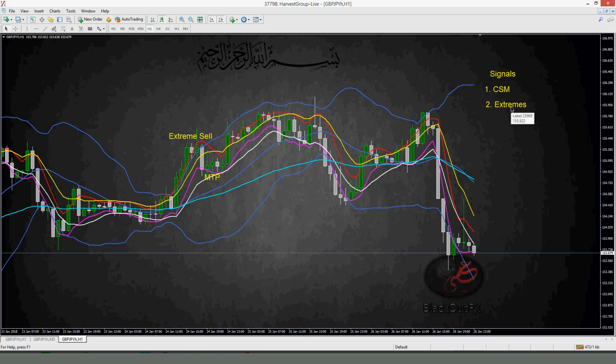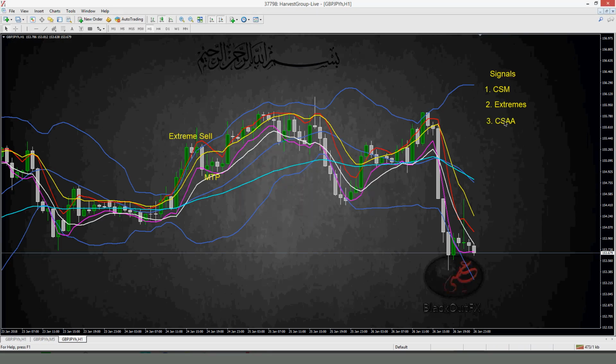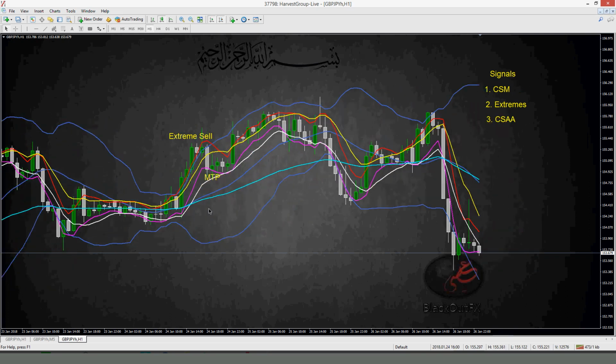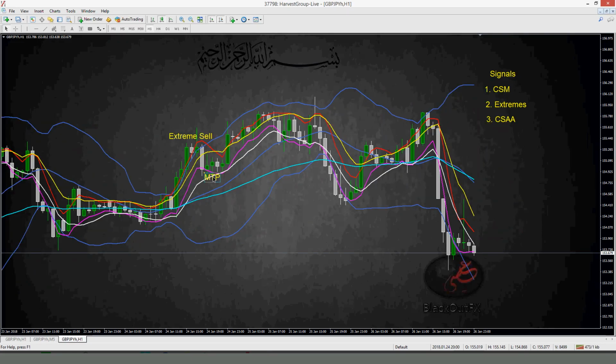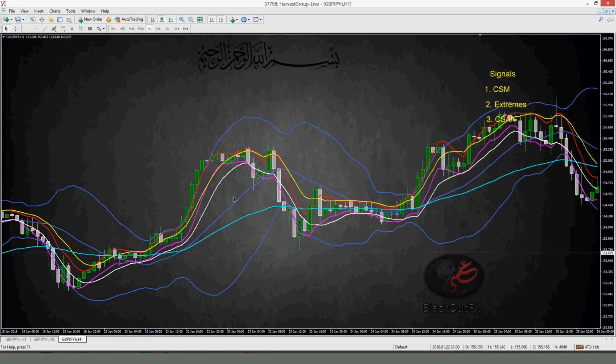Okay, so the next signal is obviously CSAA, which is the early direction. As soon as we have an MHB, there's a candlestick direction over here.